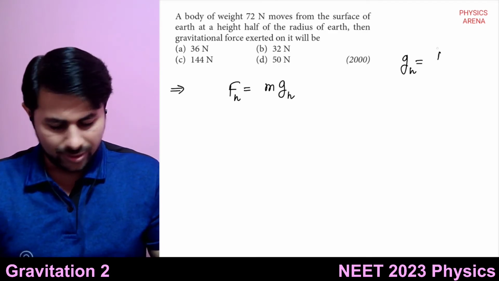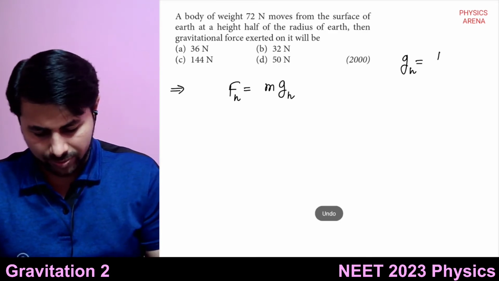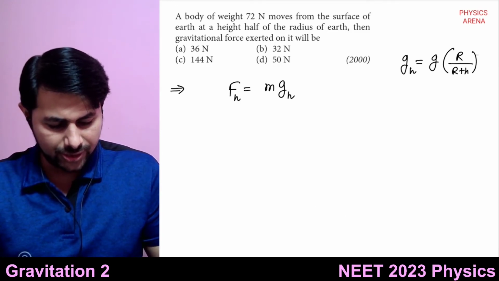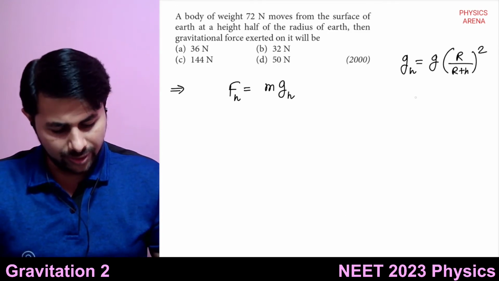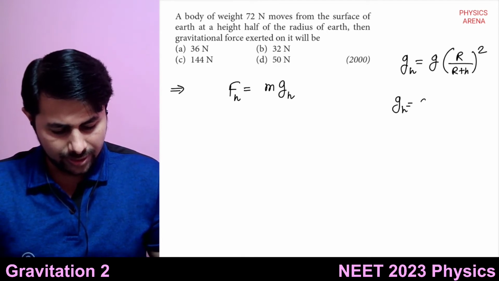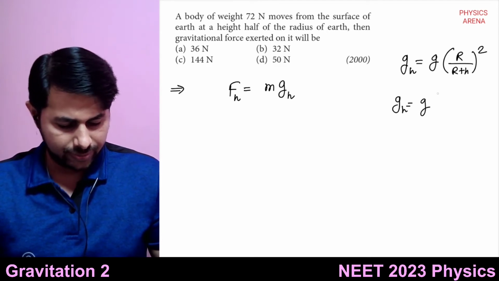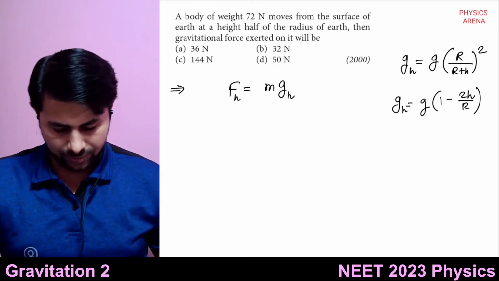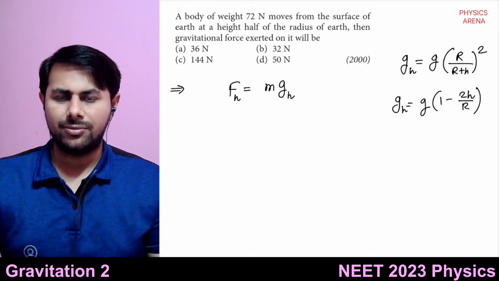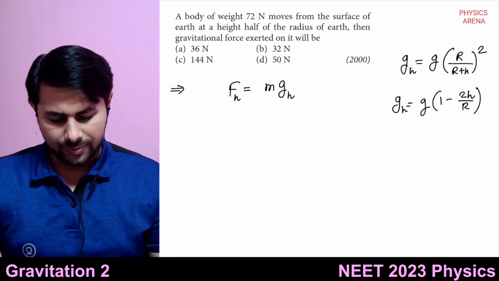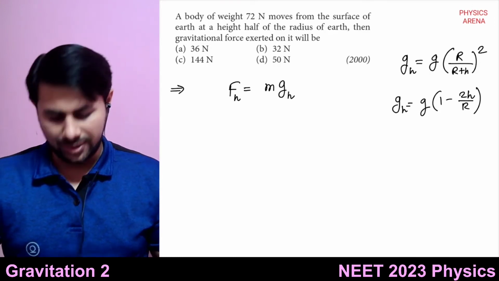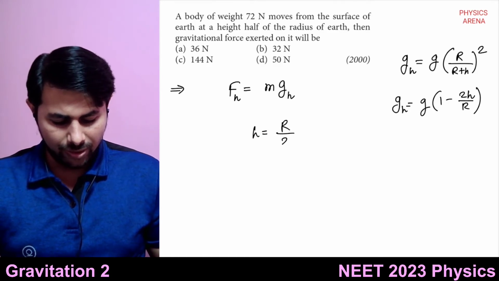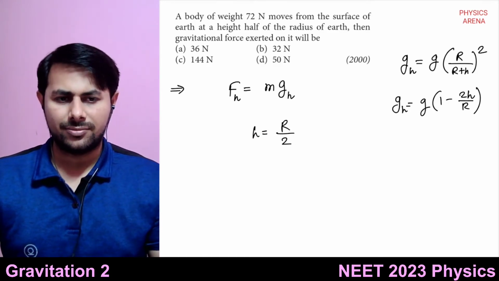Now the question is, which formula for acceleration due to gravity should we use? We have this formula, g multiplied by R upon R plus h whole square, and we have another formula, g multiplied by 1 minus 2h divided by R. So which one should we use in this question? Given is height h equal to half of the radius of earth.